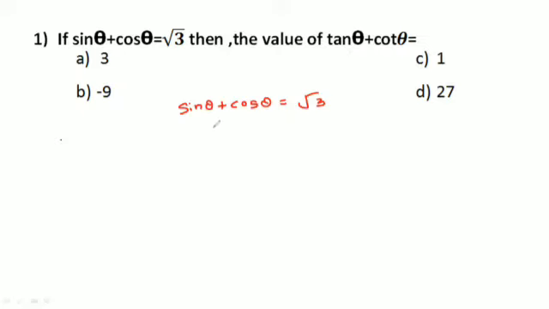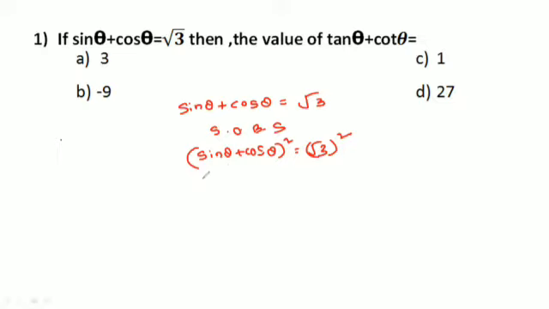So what do you need to do, children? Just take square on both sides. By taking square on both sides, what do you get here? Sine theta plus cos theta whole square is equal to root 3 whole square. Now, the left hand side is in the form of a plus b whole square, children.